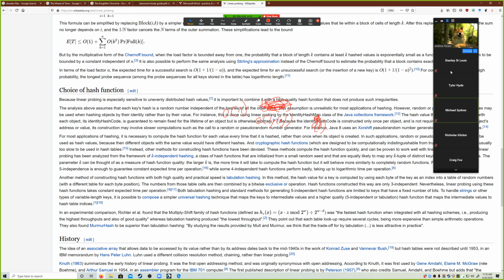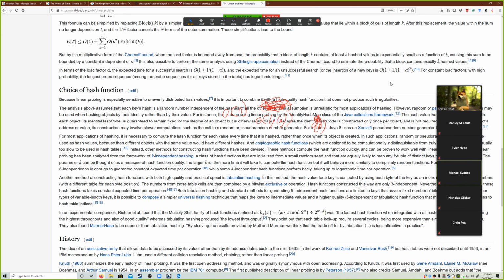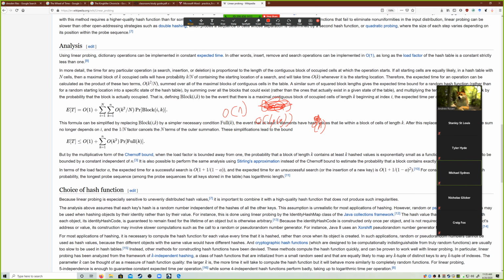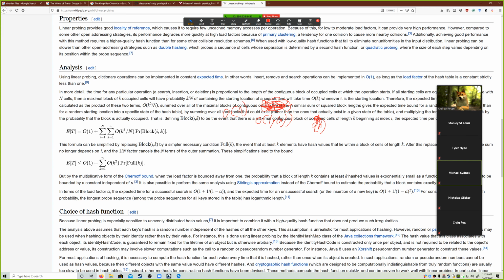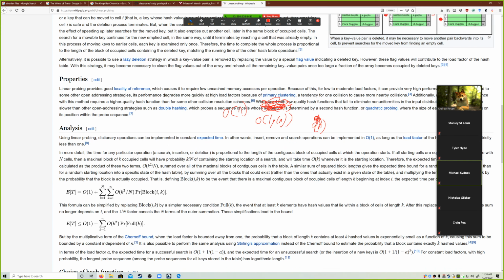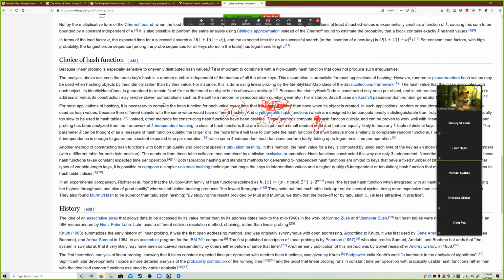That's Sedgewick over there, that is their source, but I know that our book cites Knuth. It's the same thing. Yep, see here. So there's Knuth's summary over there.